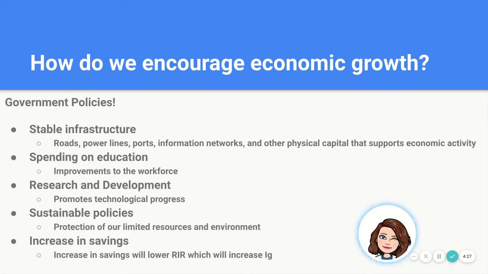And we also want to encourage people to save money. So if you think back to our loanable funds market, when we increase the savings, which is increase the supply of loanable funds, that will decrease or lower the real interest rate, which will then increase investment spending, which is that spending on physical capital to increase growth.